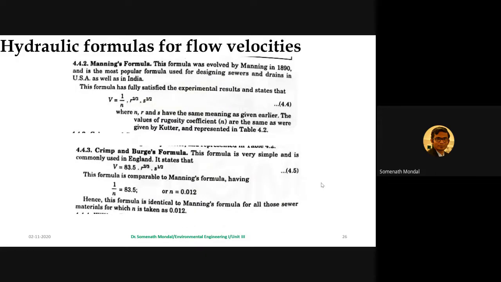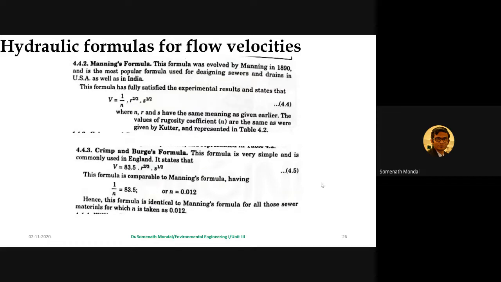So that is Chezy's formula, as we discussed. The next one is Manning's formula. Manning's formula is very popular in terms of adoption. Mostly in the US as well as in India, Manning's formula is widely used in designing sewers, drains or stormwater sewers.